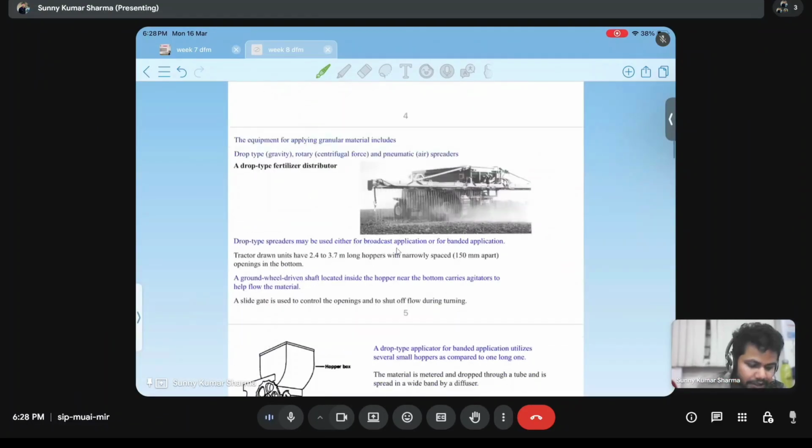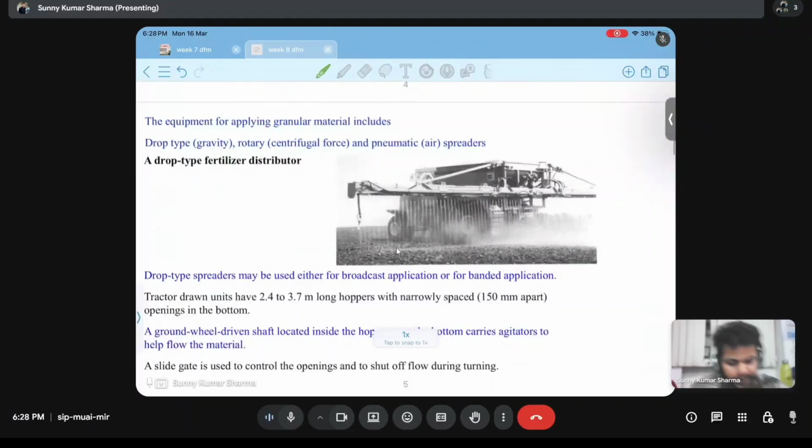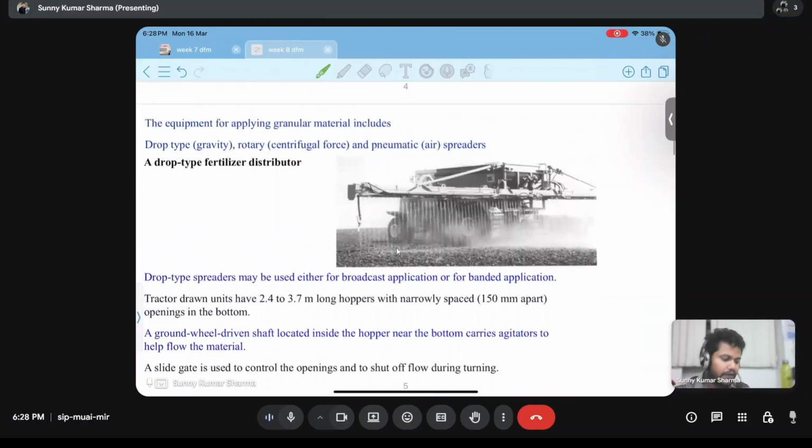So this is fertilizer efficiency. In this we can see the equipment for fertilizer application: for granular material we have granular applicators, and for a sprayer we have non-basic liquid and basic. Granular material we can apply in three ways: drop type, rotary type, and kinetic type.